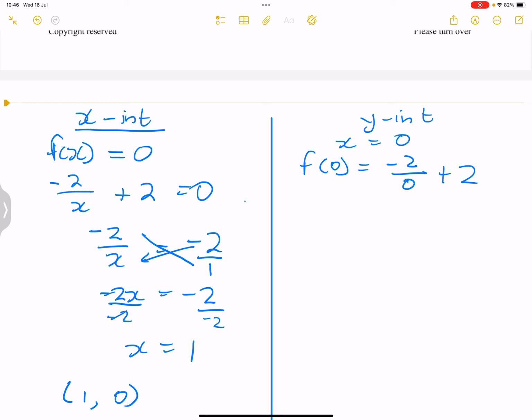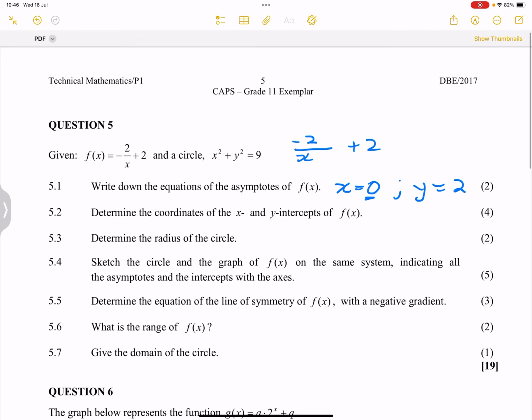What does this suggest to us? This is undefined, isn't it, ladies and gents? So it means there is no y-intercept for this graph. It does not touch our y-axis, so that is undefined. Okay, right. So that's how we are going to do that.